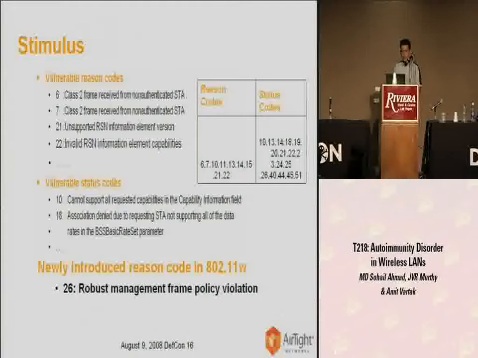So all you have to do is send a packet which violates the robust management policy of that network, and that network will send a deauthentication message with this particular reason code, if the access point implements these reason codes in software. So it's very easy to inject different stimuli in the network.